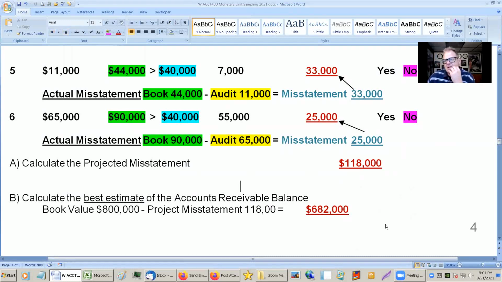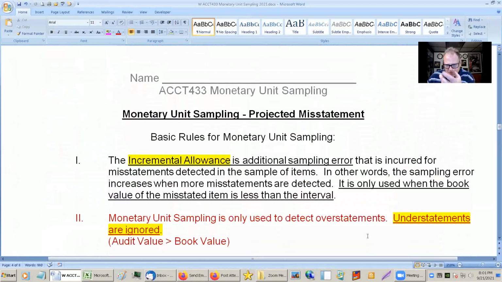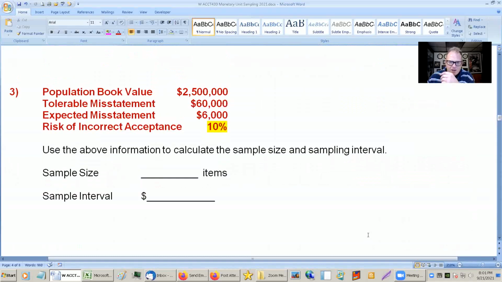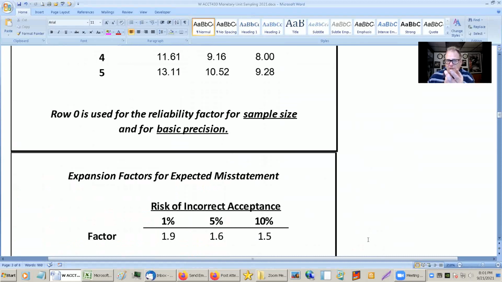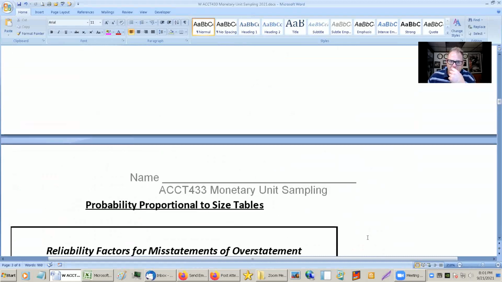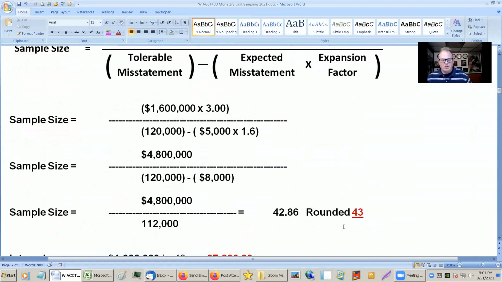Okay, I want to mention one more thing about this method. It's kind of a wacky method, but a lot of times we reduce the number of samples and all this kind of stuff. Here's how this method really works.